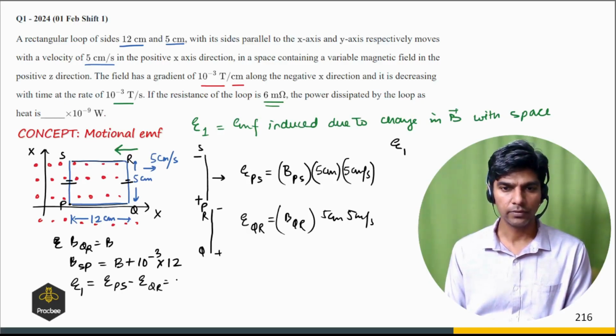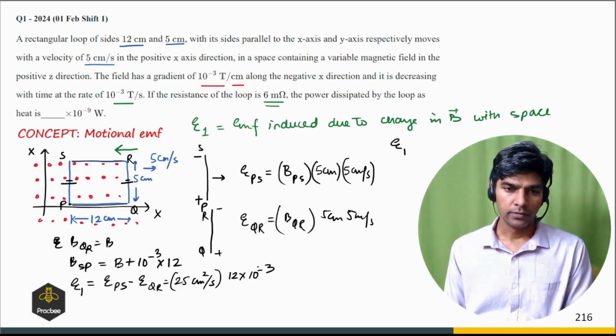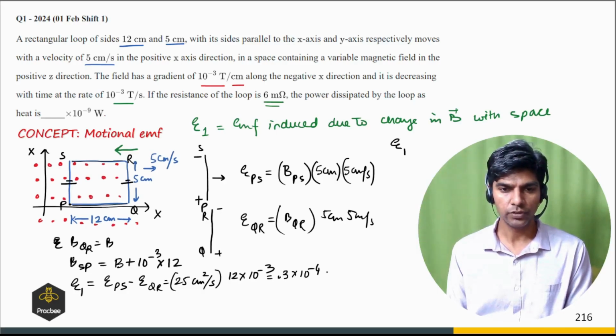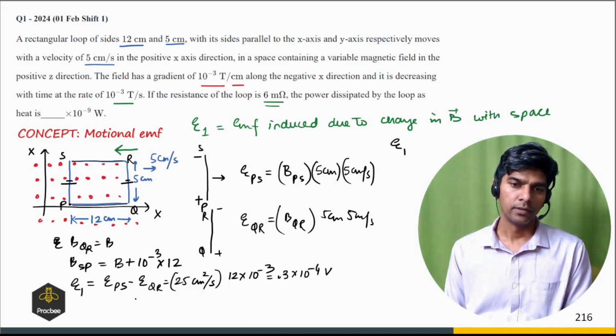That will be 25 centimeter square per second times the difference, and the difference is nothing but 12 into 10 raised to minus 3. So 25 times 12 will be 300, so this will be 0.3 times 10 raised to minus 4 volts, right?